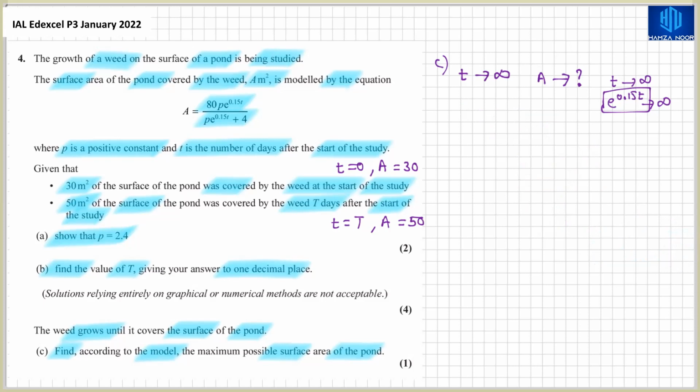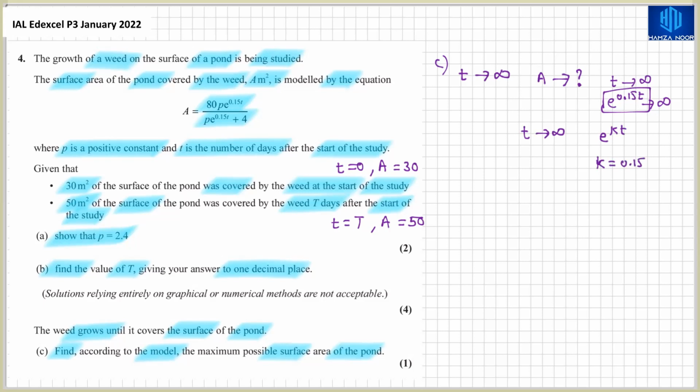So how to actually approach this type of question? As we know, t is approaching infinity, and right now in the actual equation we have an increasing exponential term, let's say e raised to the power kt, where k is basically 0.15.